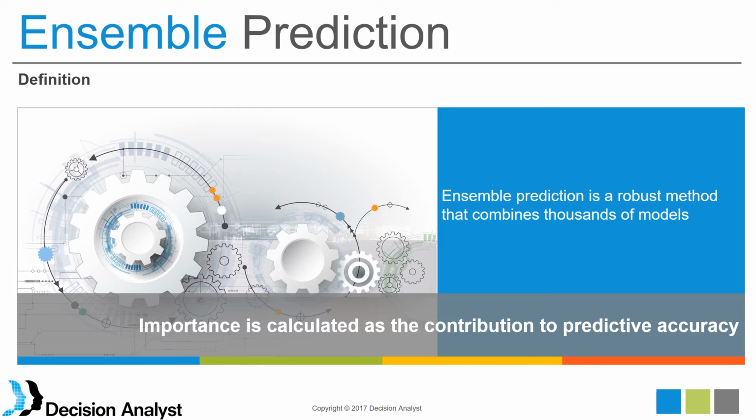It combines thousands of models and it measures importance with holdout samples. So the attribute importance is defined as an increase in the average of a square prediction error when the attribute in the model is replaced with a random variable. Well, that sounds very good, but really what that means is a variable's importance is its contribution to predictive accuracy.